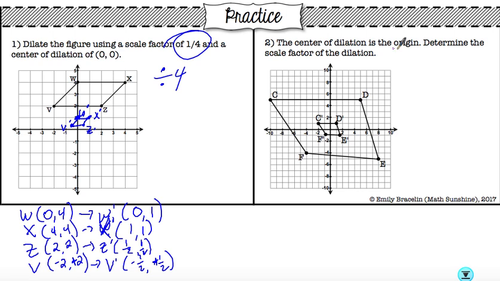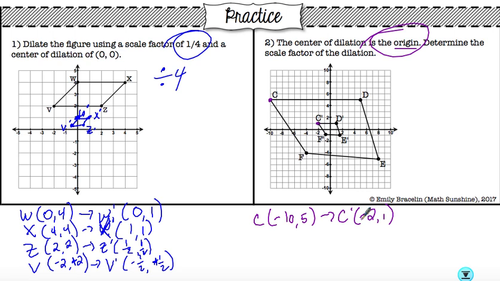The center of dilation is the origin. Determine the scale factor. So one thing that I could do, since the center of dilation is the origin, is compare two corresponding vertices, C and C prime. C is located at negative 10, 5, and C prime is located at negative 2, 1.